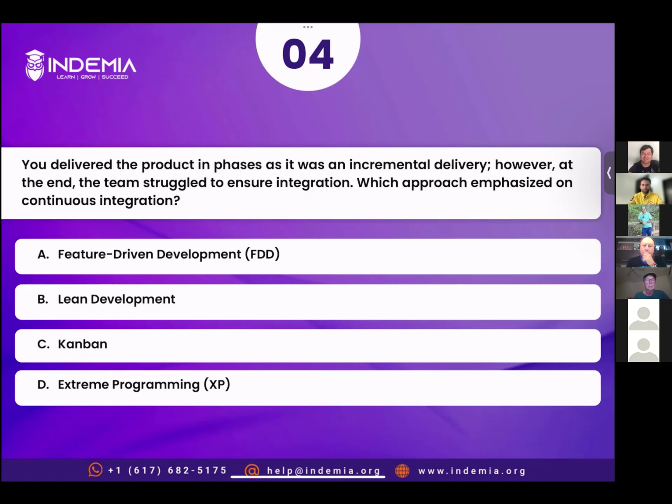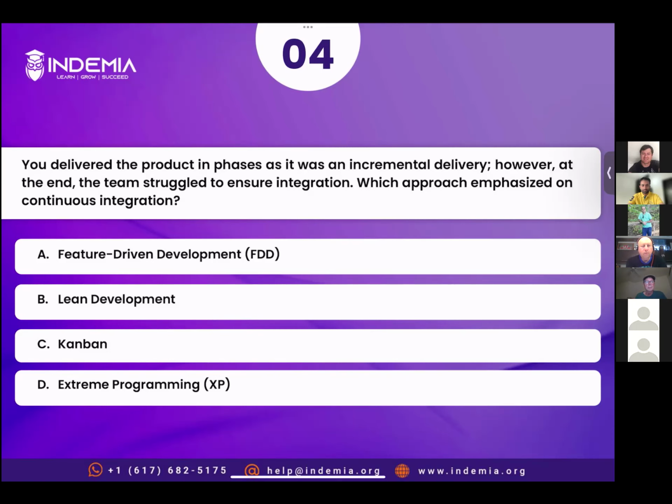All right, thank you. Mohan, you have chosen option C. Yeah, I was not very confident about this, but basically I picked Kanban because of the aspect of continuous integration.